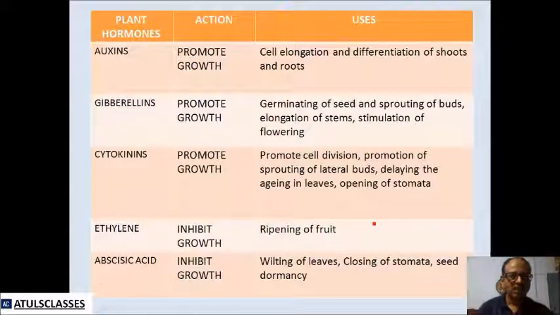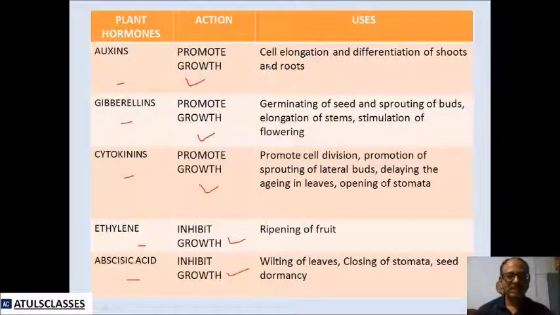So the plants have 1, 2, 3, 4, 5 basic hormones that are related to the growth of a plant. Some of them promote growth, and some of them are also important for stopping or inhibiting growth. So we have auxins, gibberellins and cytokinins as promoters, and ethylene gas and abscisic acid as the inhibitors.